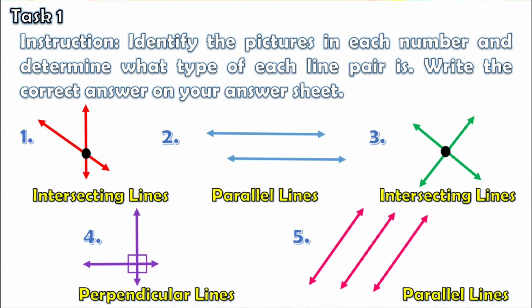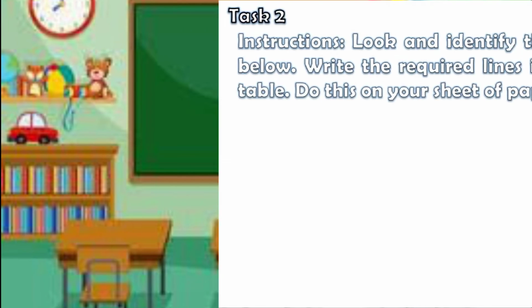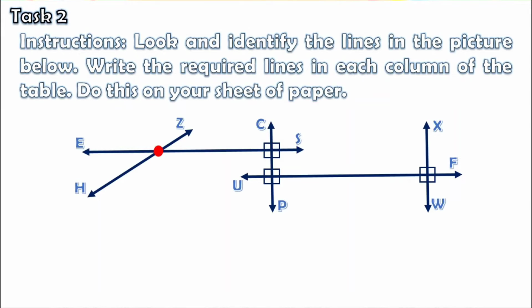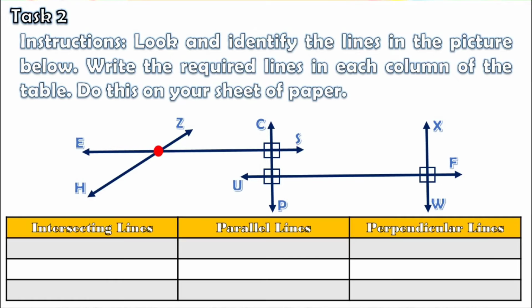Let's practice more. Let's answer task 2 of your module. Instructions. Look at and identify the lines in the picture below. Write the required lines in each column of the table. Do this on your answer sheet. Did you see and record the intersecting lines?